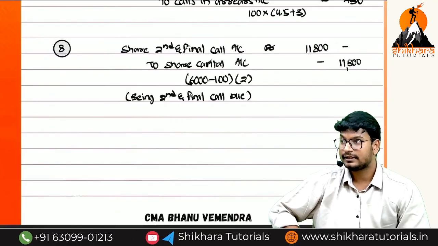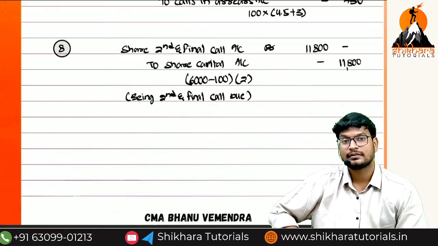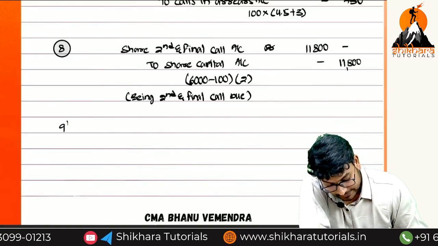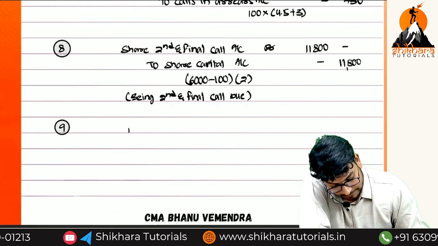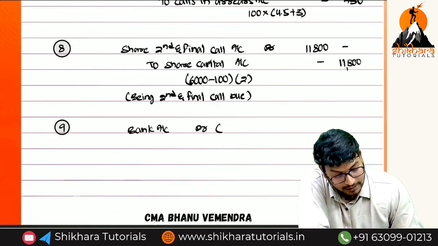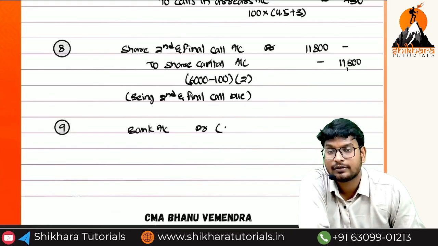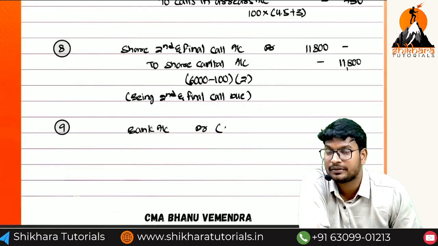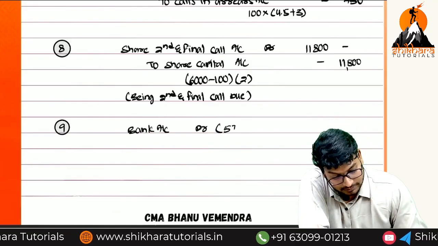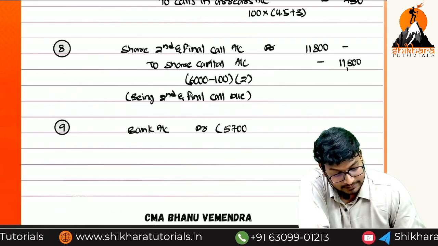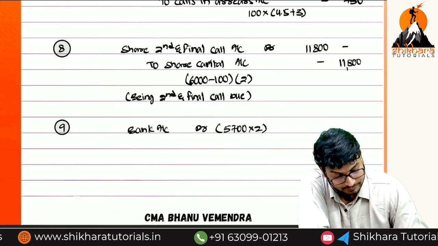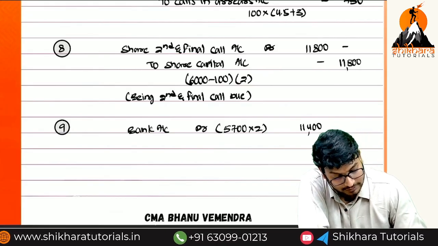Next, what is the next point? Is there any call scenario? Yes. On how many shares? 200. What can we write? Bank account debit. Out of 5,900, we have not received the 200. That means on how many shares have we received the amount? 5,700 into 2 rupees is 11,400.